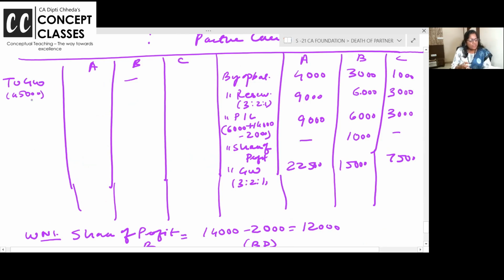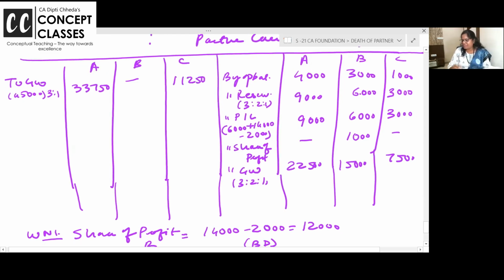Same as old ratio and same as gaining ratio, 3:1. 45,000 into 3 by 4 is 33,750. 45,000's 1/4 is 11,250. Super clear.